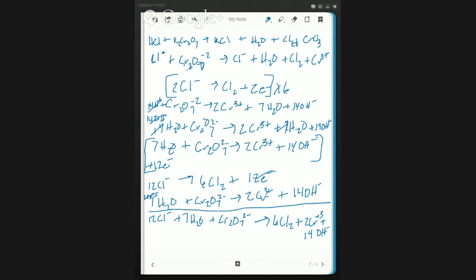This is sort of like writing your net ionic equation for this reaction. Again, the potassium is just a spectator.